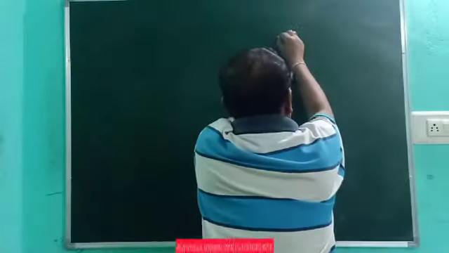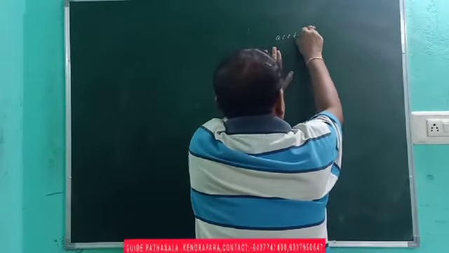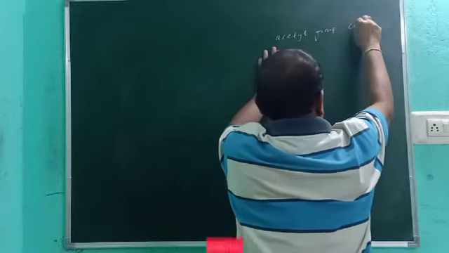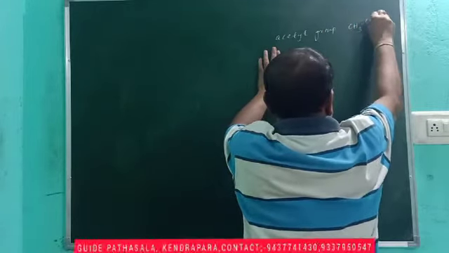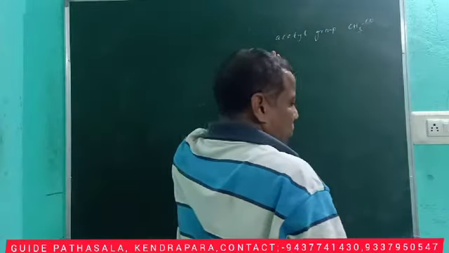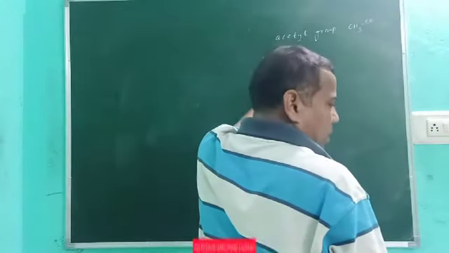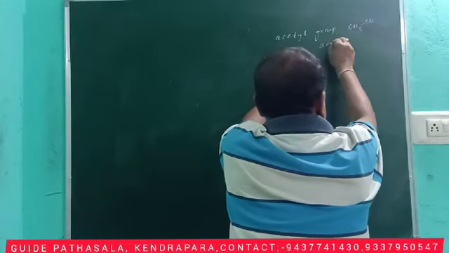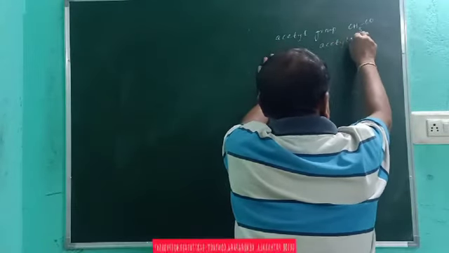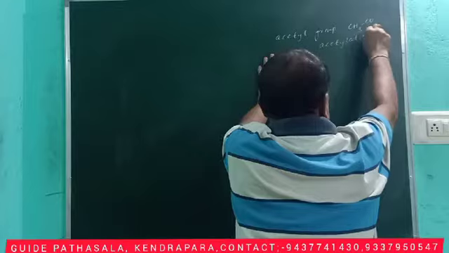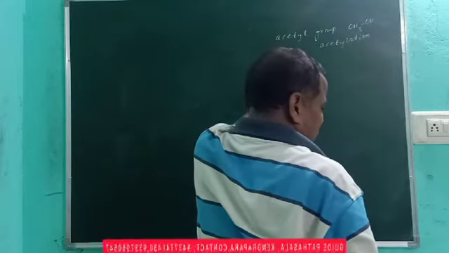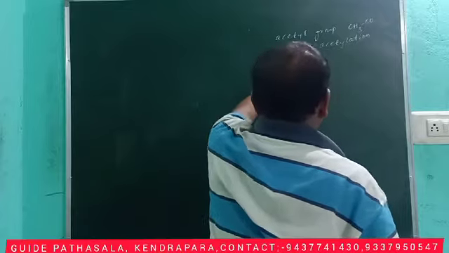Introduction of an acetyl group, that means CH3CO, in phenol forming an ester is called acetylation, and introduction of a benzoyl group, C6H5CO, is called benzoylation.